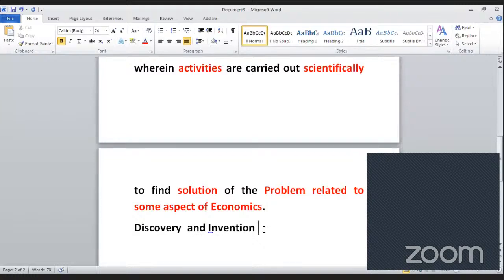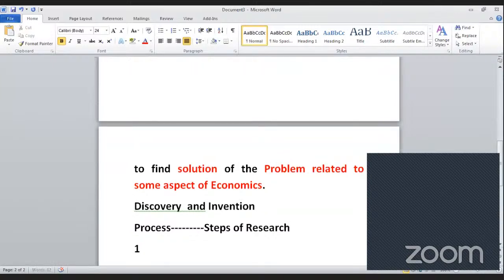Okay, now, since I have said that research is a process, therefore there must be steps. So now I am telling you the steps of research. And one of the steps of the research is that you have to have a problem. So first step is identification of problem.